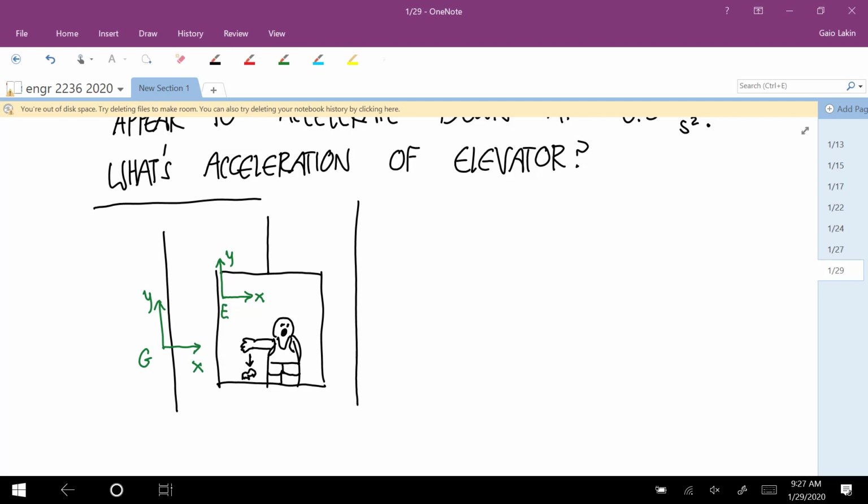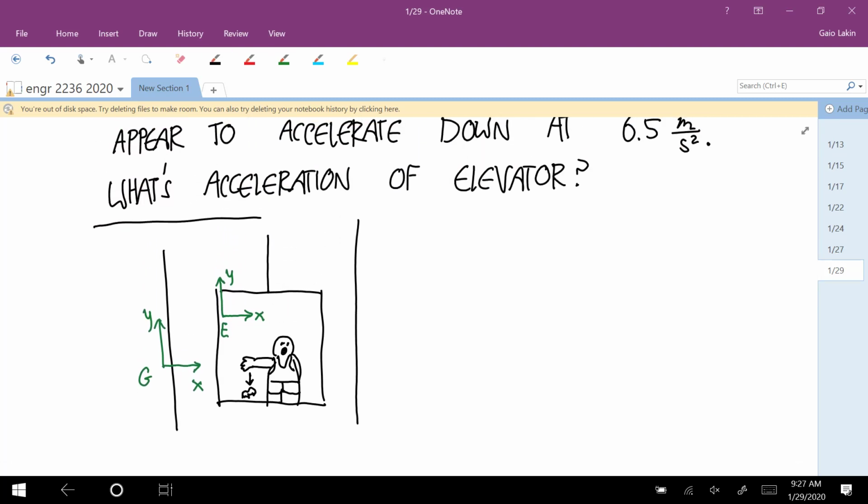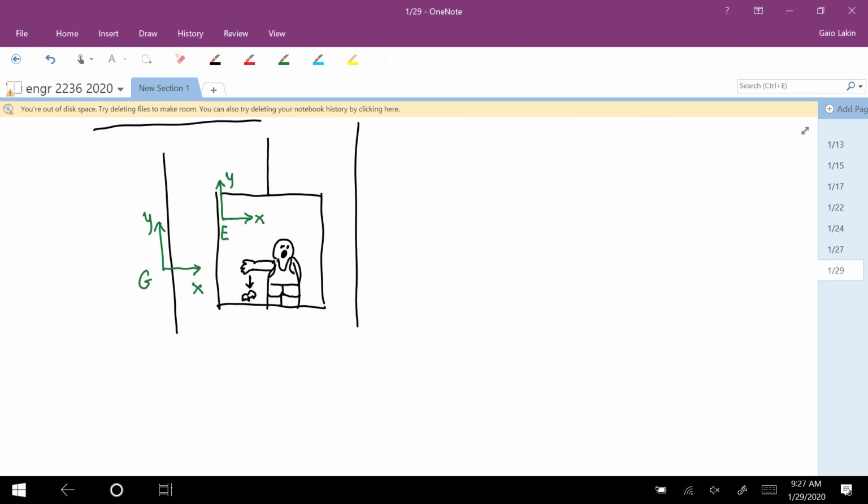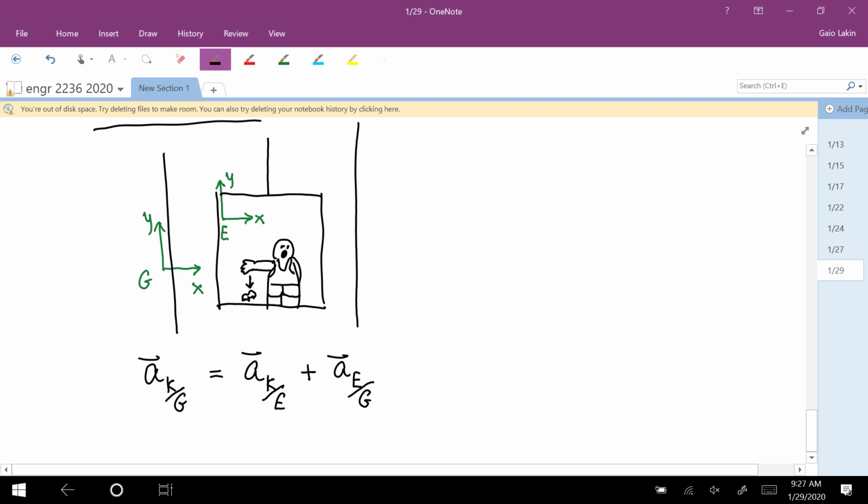Okay, and now I'm going to set up the relative motion equation. We're talking about acceleration, so I want the acceleration one. The acceleration of the keys relative to the ground is equal to the acceleration of the keys relative to the elevator plus the acceleration of the elevator relative to the ground.